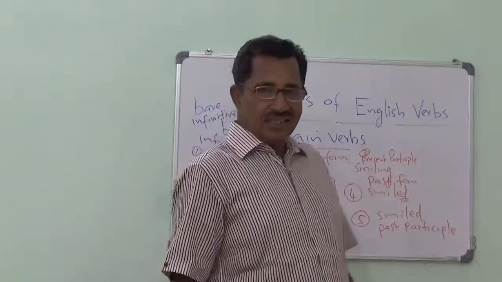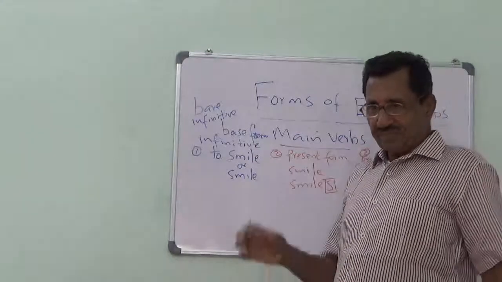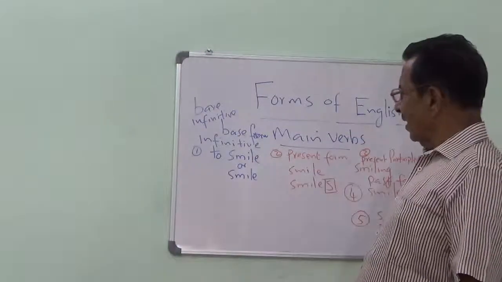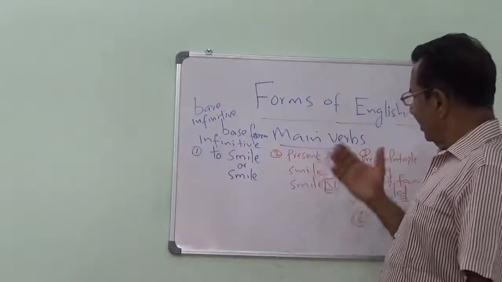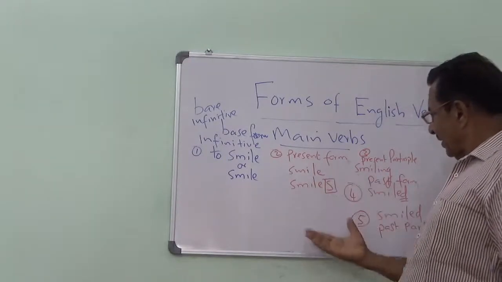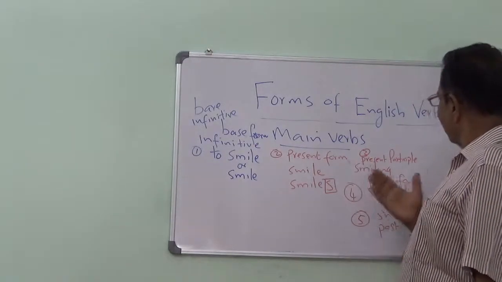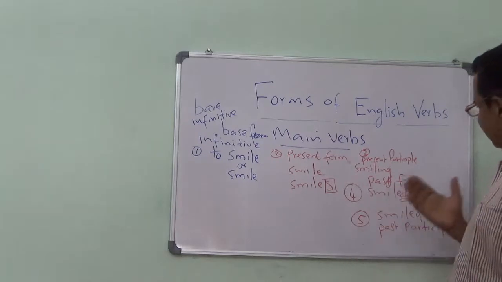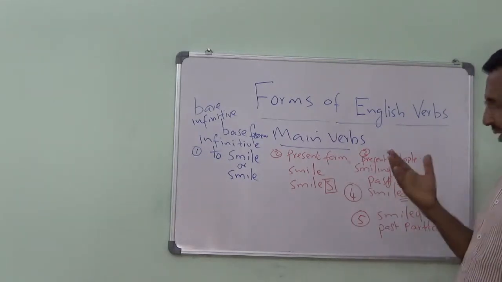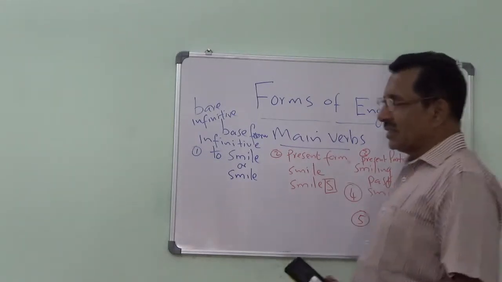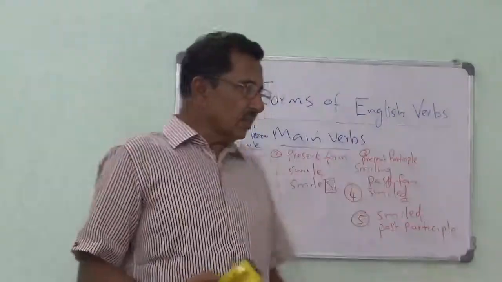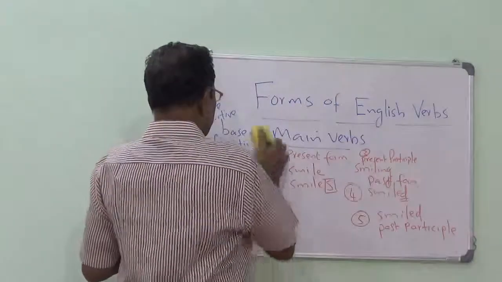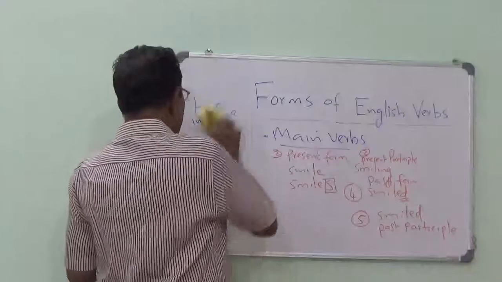Have you written these names? These are terms in grammar: infinitive, present tense, present form, present participle, past form, past participle. These are terms that we use in grammar. I think that is now clear to you.